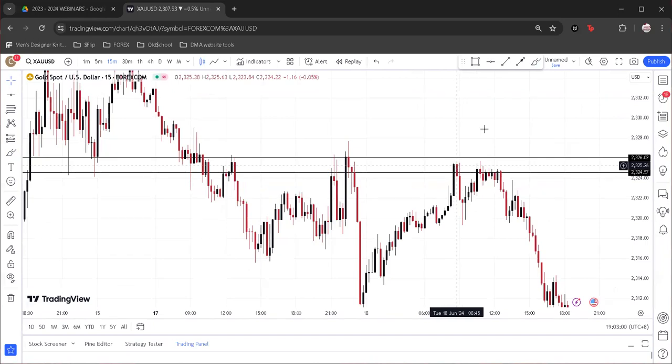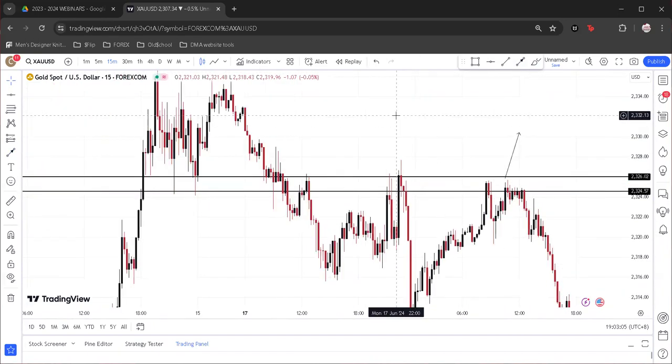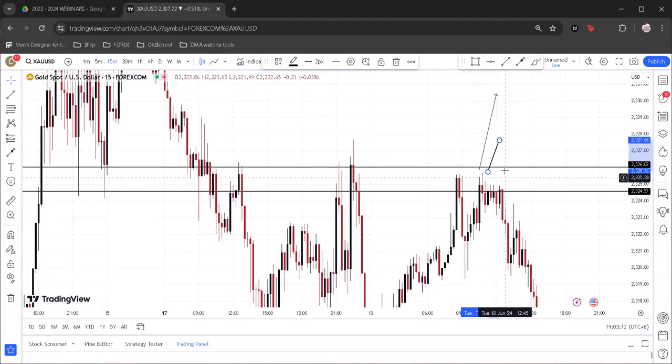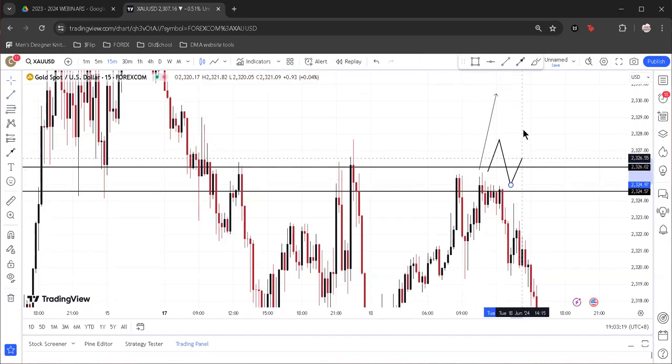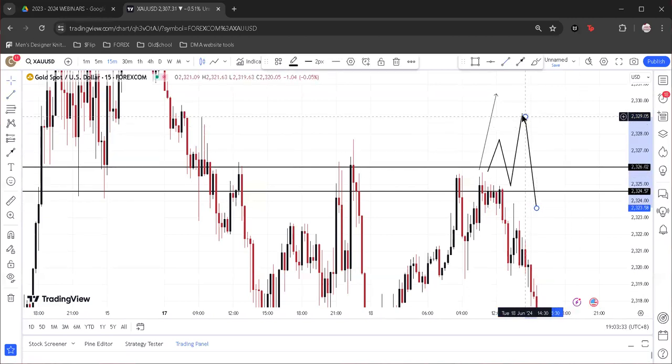Okay, so is it breaking out of the resisting point? No, it's not. Is it going above the resisting point? No, it is not. But imagine if the prices went up like this, boom, and then it rejected and then it went down.